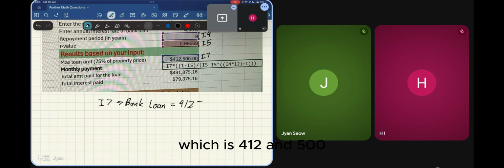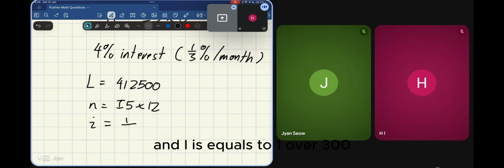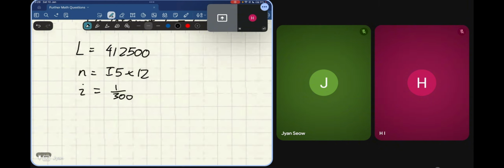The annual interest rate is 4%, which goes down to 1/300 per month. So in summary, L equals 412,500, n equals I5 times 12, and i equals 1/300.